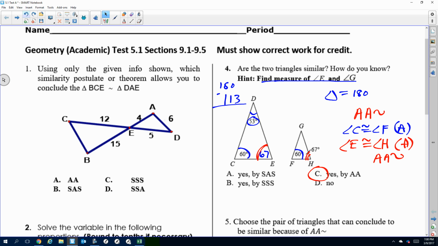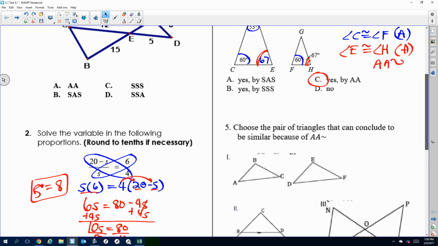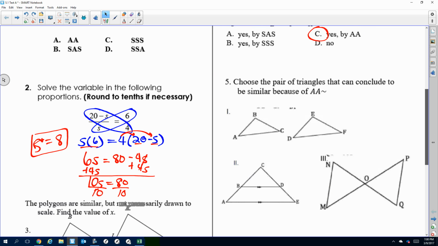On 5, don't assume. Like, don't just add markings. Only do it because there's given information. So they want us to choose which triangles can be concluded to be similar using angle. That means we need two angles. Okay, need to see or prove two angles congruent.